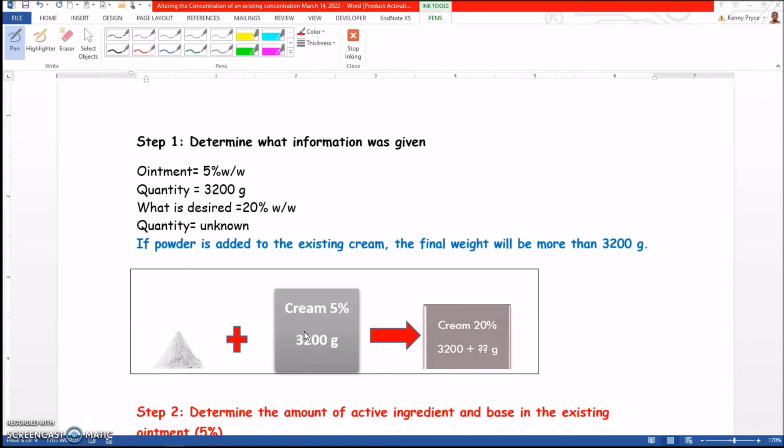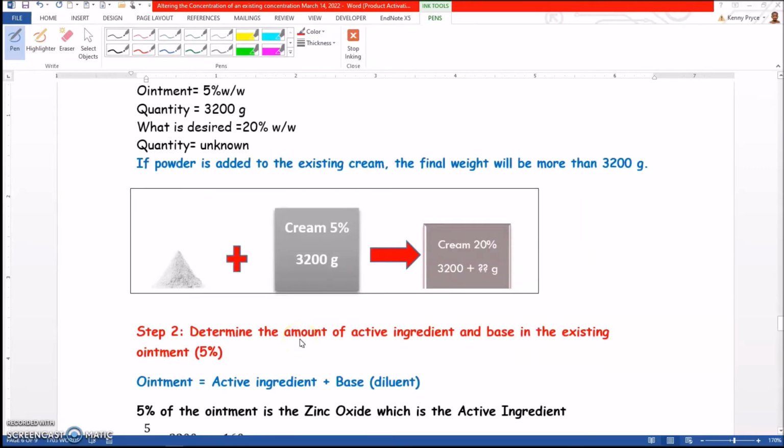And we know that we want to turn that existing ointment into a 20% ointment. The quantity we don't know. But what we do know is that we're going to add additional zinc oxide powder to the existing ointment to make this 20%. So we're expecting that 3,200 grams of ointment will now increase. By how much? That's what we're going to try to find.